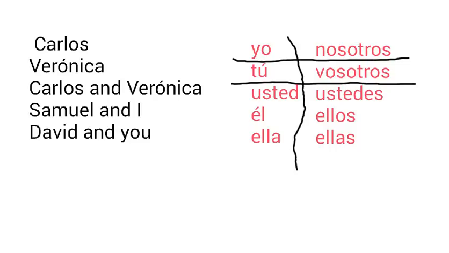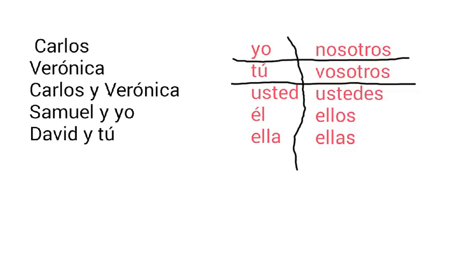Oh, let's change these names a little bit so that it's more in Spanish. There, that looks better. Carlos y Verónica, Samuel y yo, David y tú. The little word y means and in Spanish. It looks like a Y, but it's pronounced E.